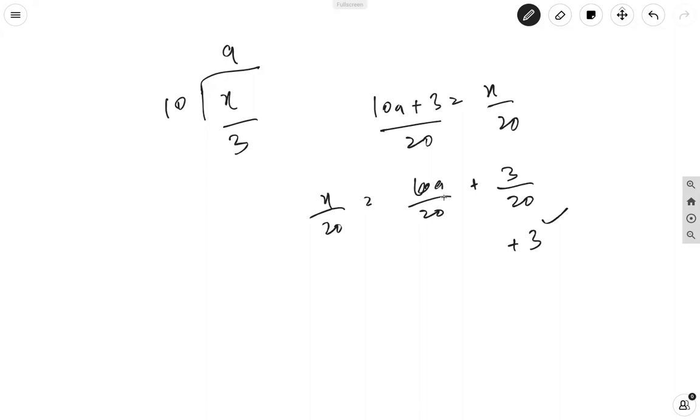Okay, if a is 0, in that case, this is 0. So there is no remainder from this side. But if a is 1, this will become 10 by 20. In that case, this comes out to be 10 plus 3. The answer is 13. But if this is a multiple of 20, let's suppose 20, 40, 60, in that case, this will become 0 and the remainder will be only 3. So possible answers are 3 and 13.